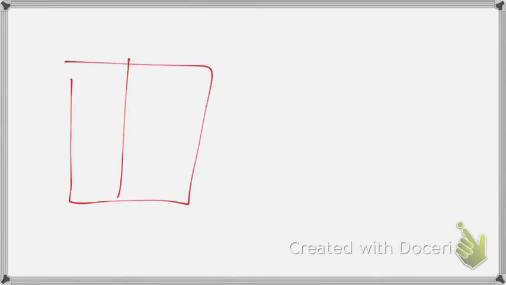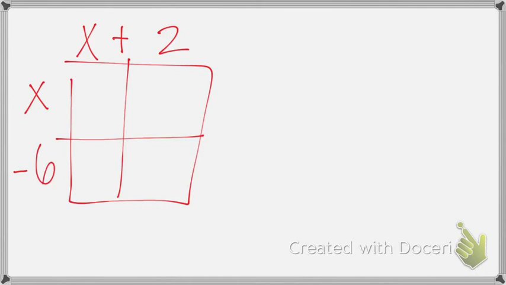All right. 10A. Got us a nice little box. x plus 2, x minus 6. x times x, x squared. Then top right, you got what? Yours might be different than mine.